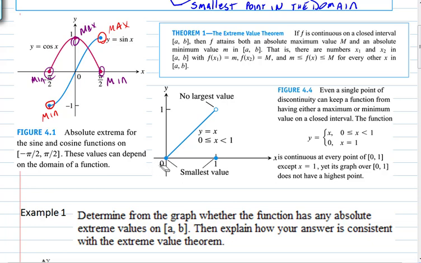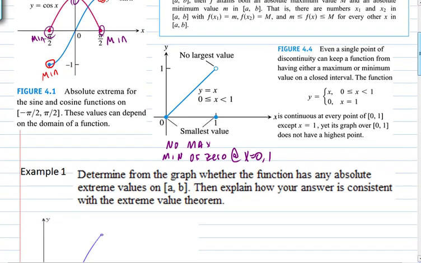So at the point x equals 0 and x equals 1, we have a minimum value of 0. So that's what we would say here: there's no max, but we have a minimum of 0 at x equals 0 and 1.